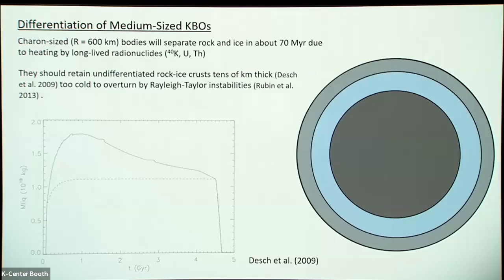You just cannot get that separation of rock and ice. And so this is a really robust prediction: if you start by accreting small bodies, and if they never get really hot, you really should have rock-ice, undifferentiated primordial crusts on their surfaces, and it's really hard to get rid of that.